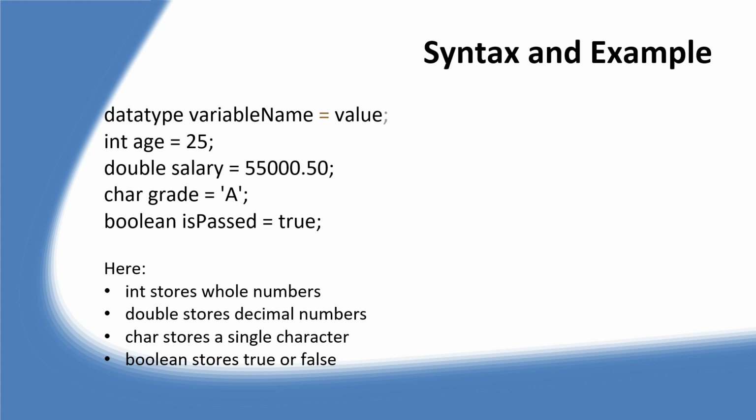Here are a few examples like age, salary, grade, and is passed. So int stores whole numbers, double stores decimal numbers, char stores a single character, boolean stores true or false.